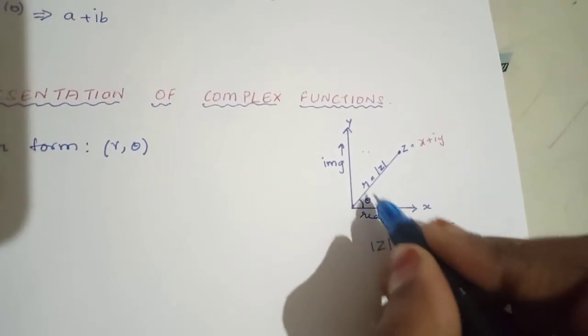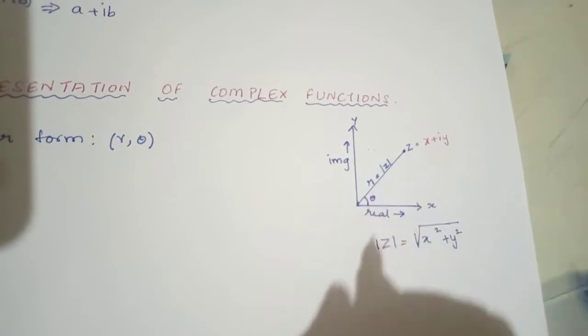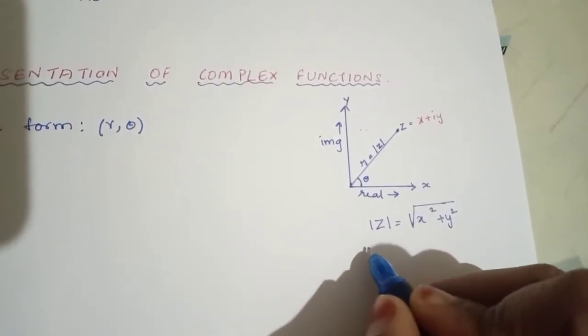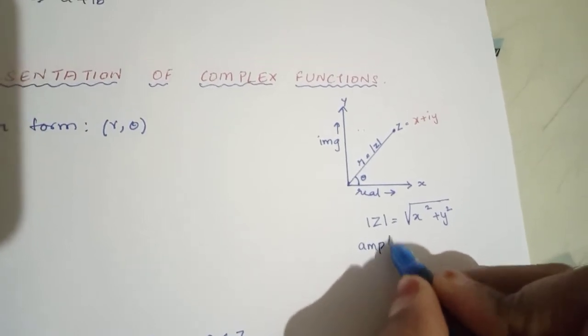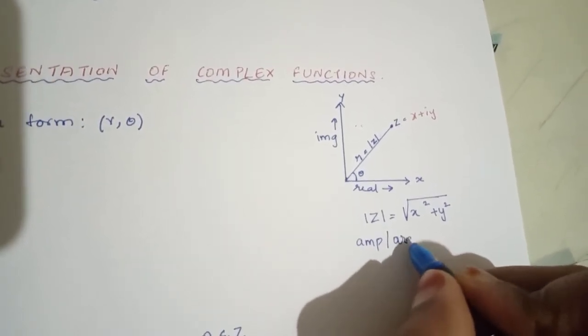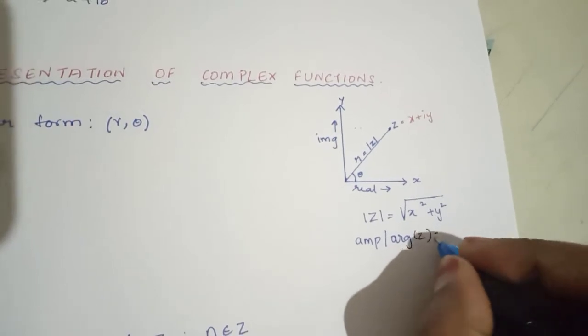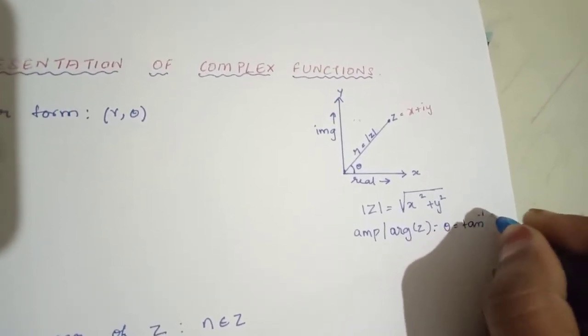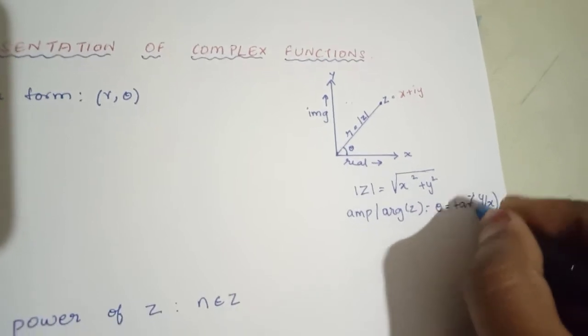The angle between z and the real axis is theta. Theta is the amplitude or the argument of z, which is equal to tan inverse of y by x.